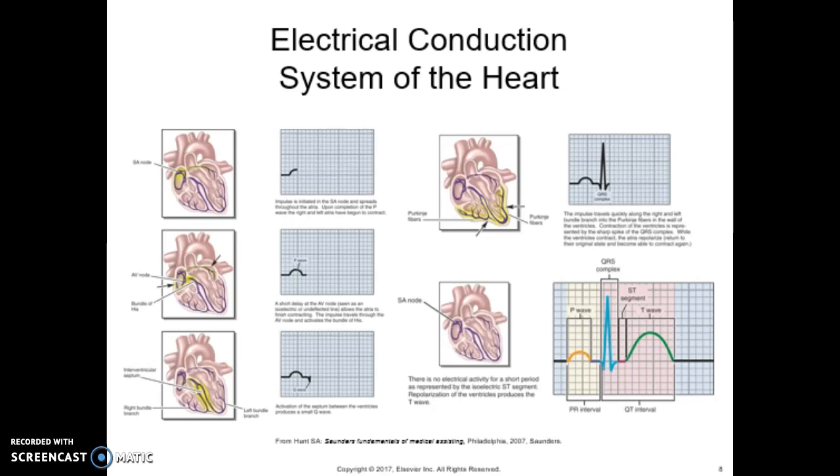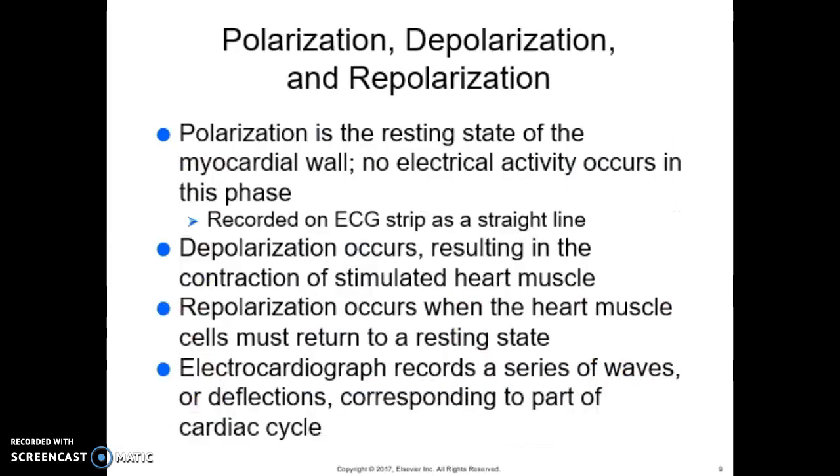An irregular cardiac rhythm is called an arrhythmia. Conditions that interrupt the conduction pathway, so the SA node to the AV node to the bundle of His, to the right and the left bundle branches, can cause arrhythmias. So if there's any kind of interruption there, we can see arrhythmias.